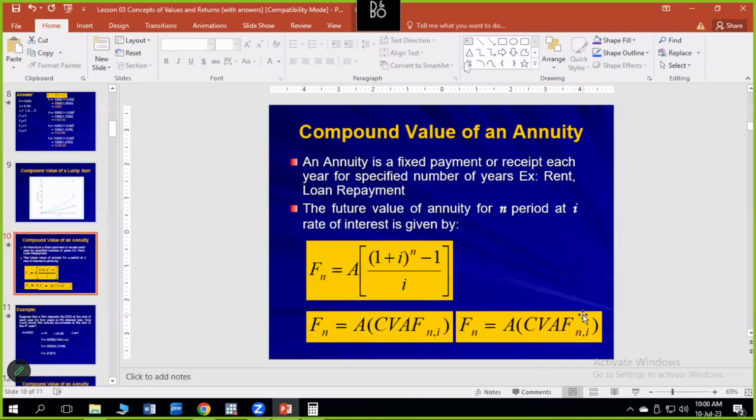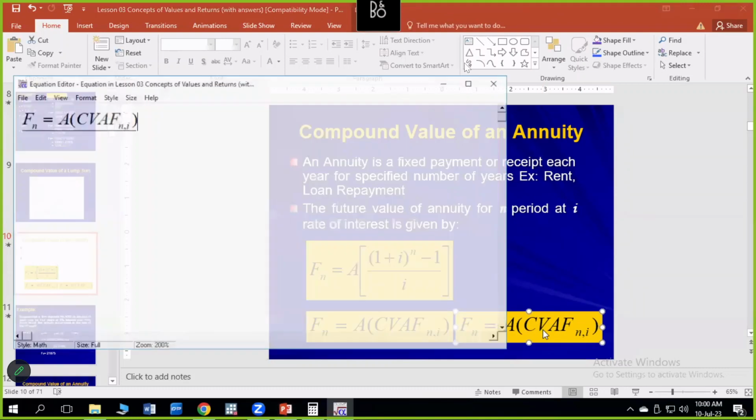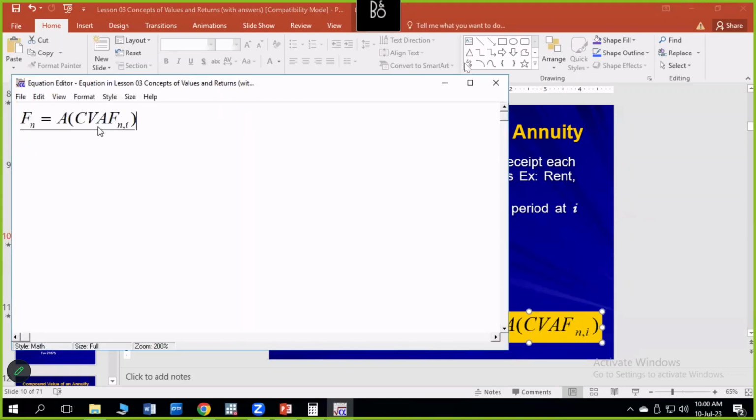Everyone take down this kind of shortcut. This is future value interest factor for annuity.